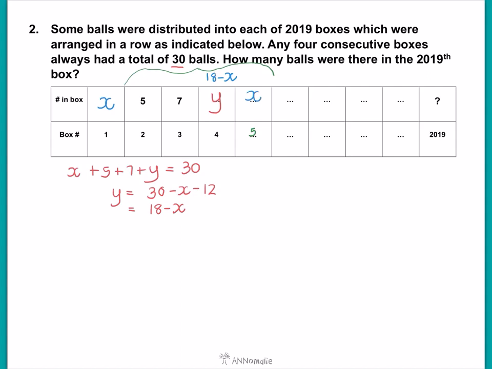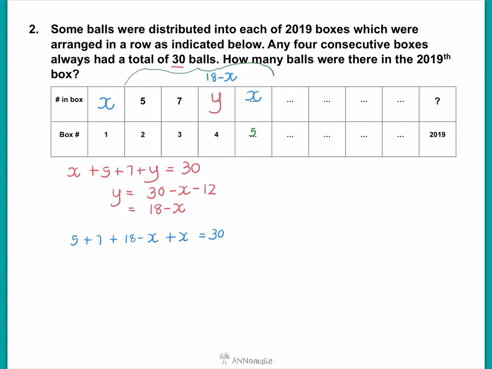Let's just have a look. 5 plus 7 plus 18 minus x plus x will equal 30. Now we see that the pattern repeats. So in the next box, if I look at these 4, I look at 7, y, x. Y is 18 minus x.